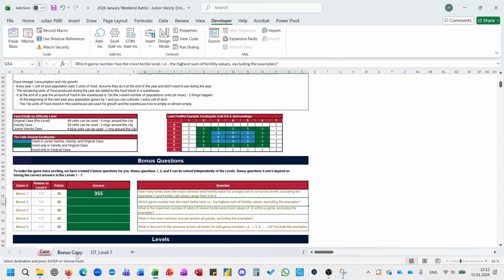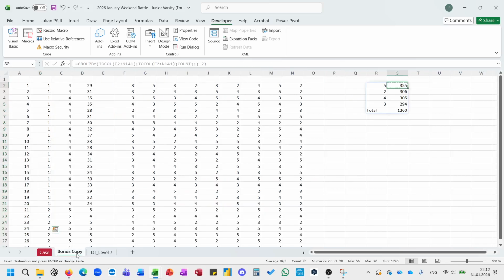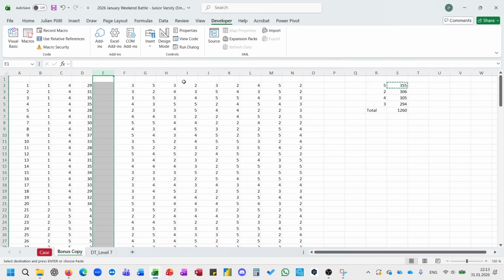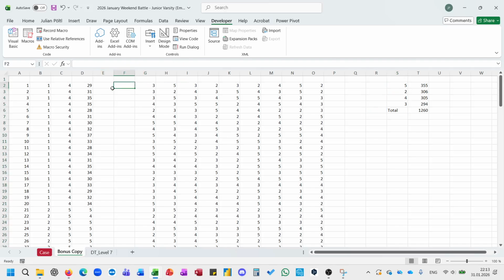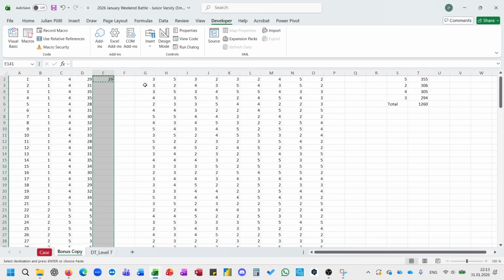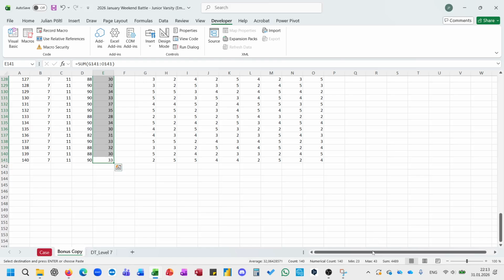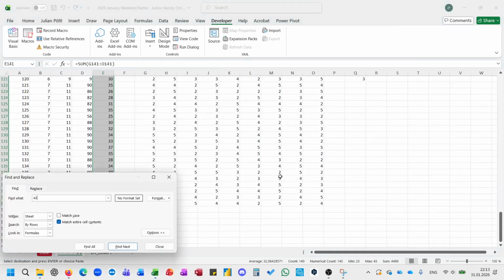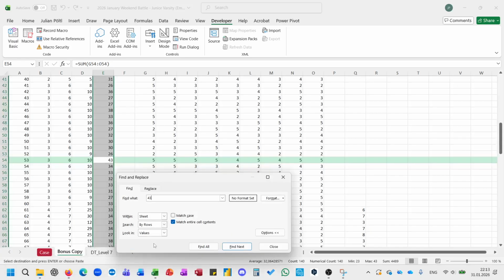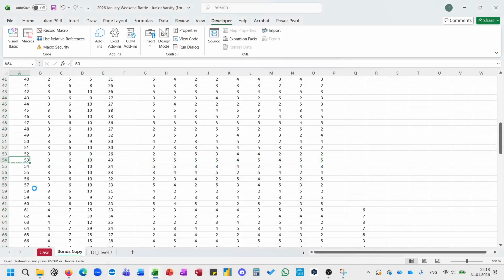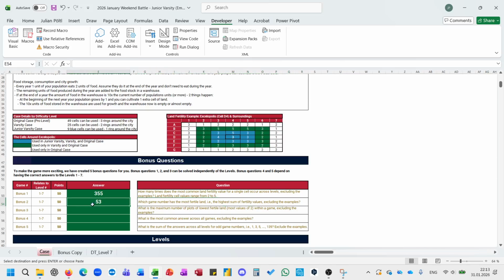Which game number has the most fertile land? Maximum is 43. It's 53 as game number.